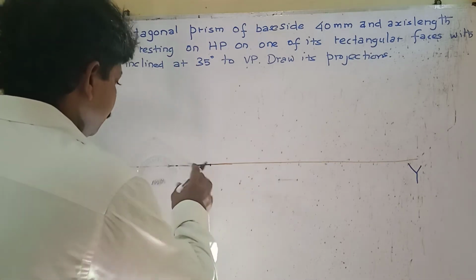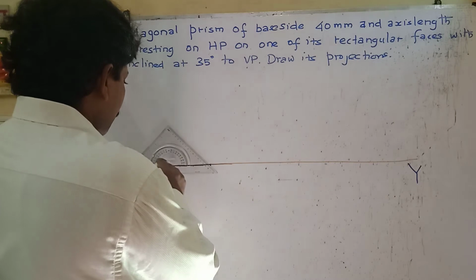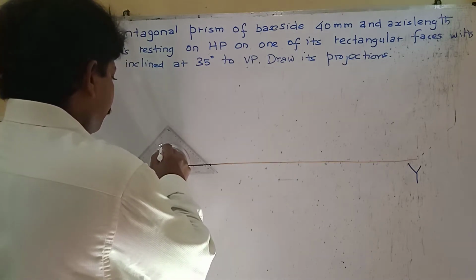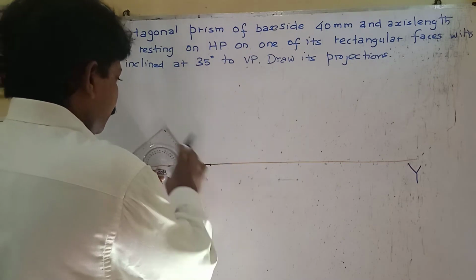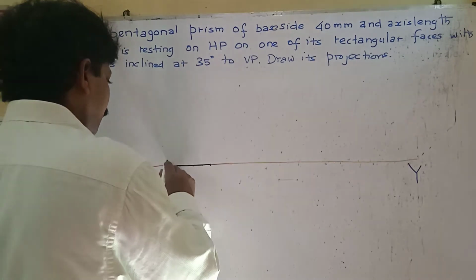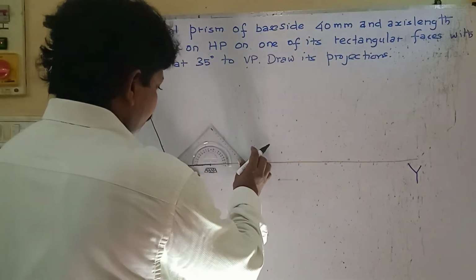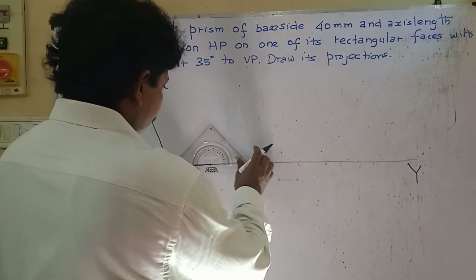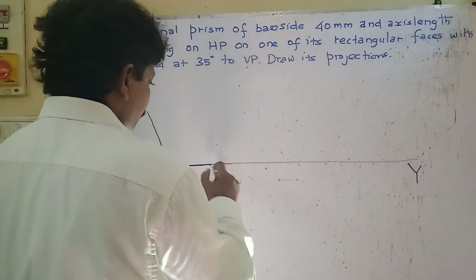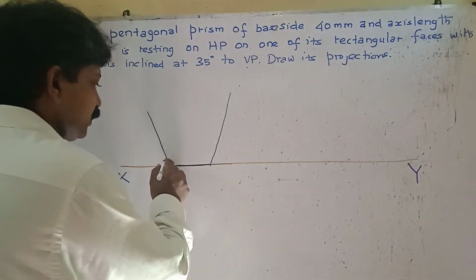Take 108 degree, draw a line. And similarly for the next side, take 108 degree, draw a line.